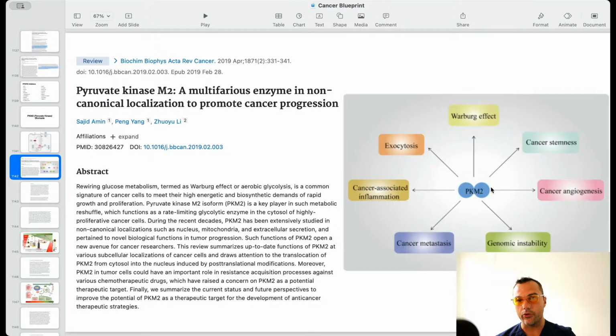They have a lot of other roles outside of that. They don't have just a role in breaking down glucose. So what this paper is going to unlock is a key important step in the Warburg effect, but also cancer stem cells, angiogenesis, genetic instability, metastases, cancer-associated inflammation, and exocytosis.